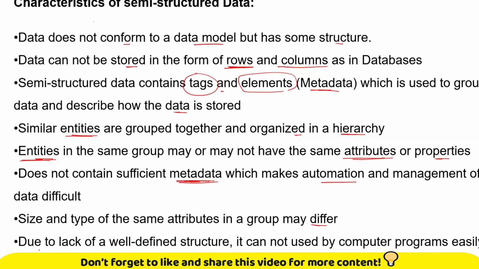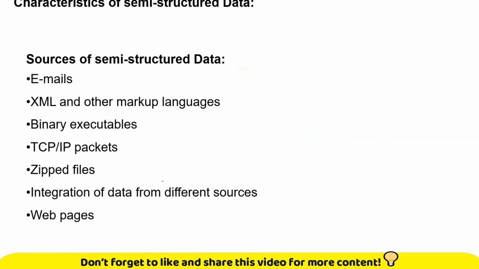Then, due to the lack of well-defined structure, it cannot be used by computer programs easily, because computer programs cannot make sense out of this data, and someone has to intervene and make some sort of relation between them.